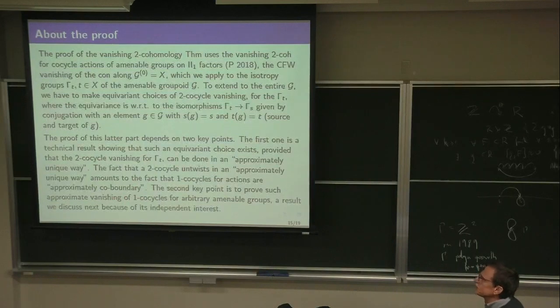So the first point is to reduce it to that, and the second key point is to prove that any approximate vanishing one co-cycle for an arbitrary action of an amenable group is approximately vanishing. That's for gamma t, and for n sub t.